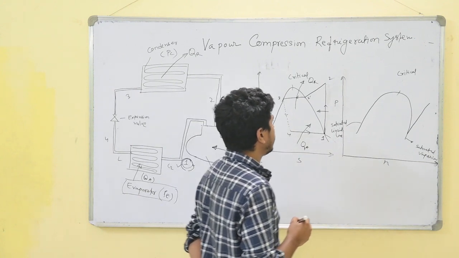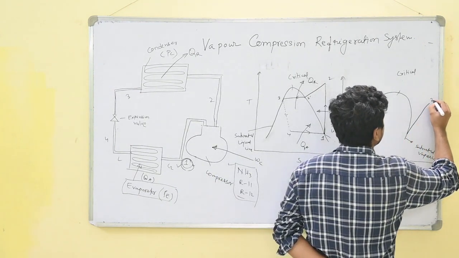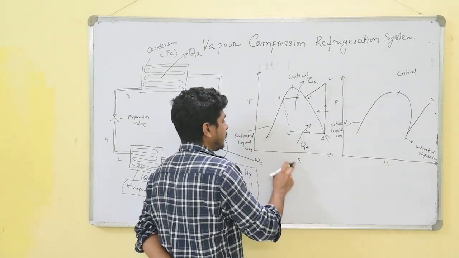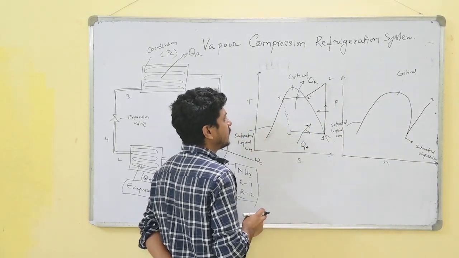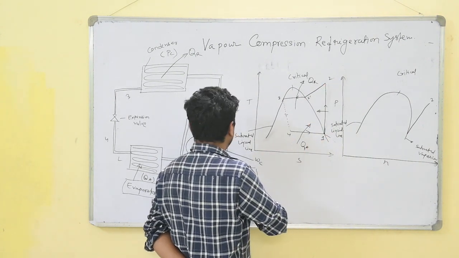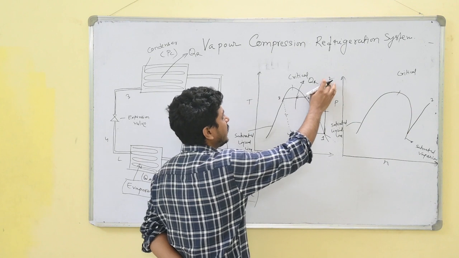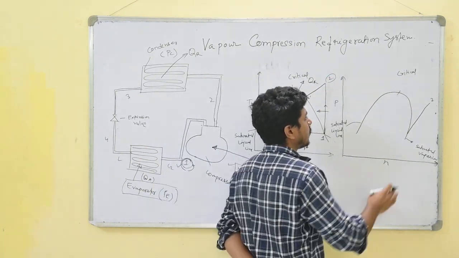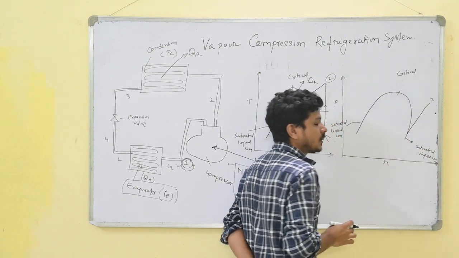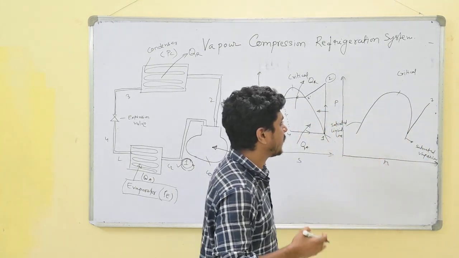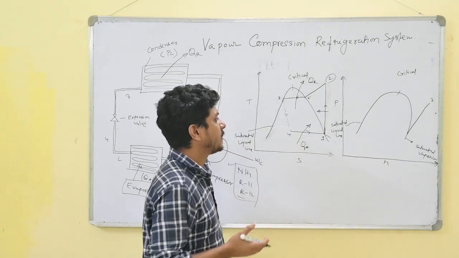The 2 point is shown here, and this is the superheated region. In the pH diagram we also see the 2 point of the compressor lies in the superheated region, not the wet region.